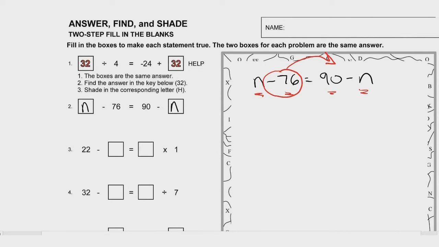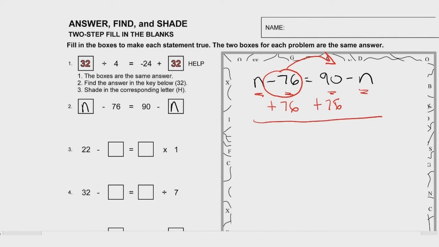So basically, if we're using our algebra skills, I am going to move the minus 76. So I'm going to write a plus 76 here and a plus 76 here. Remember, when you're doing algebra or solving a two-step equation, whatever you do to one side, you have to do to the other.